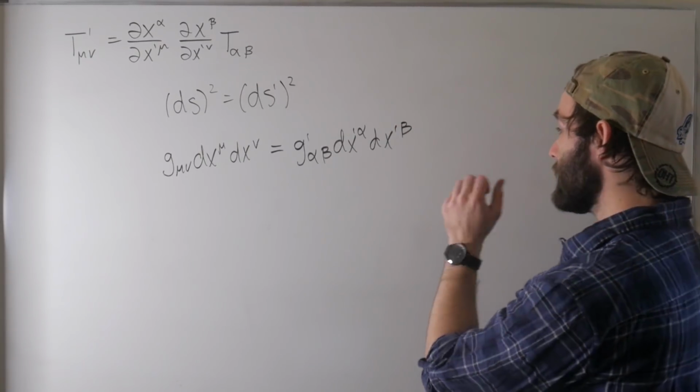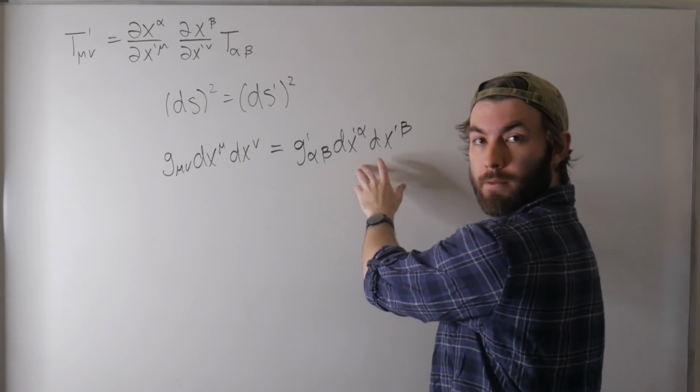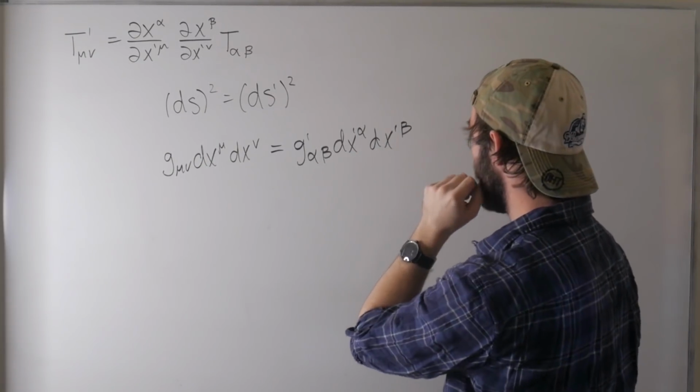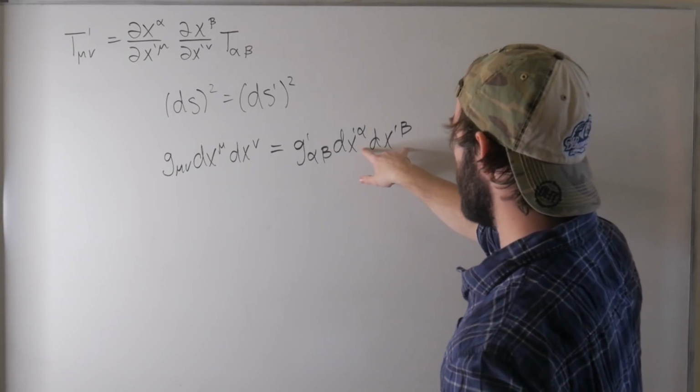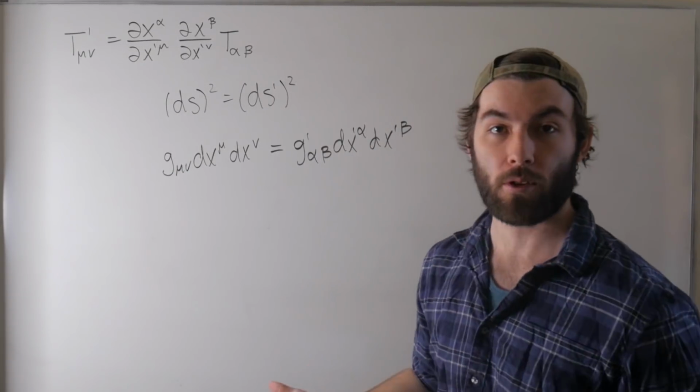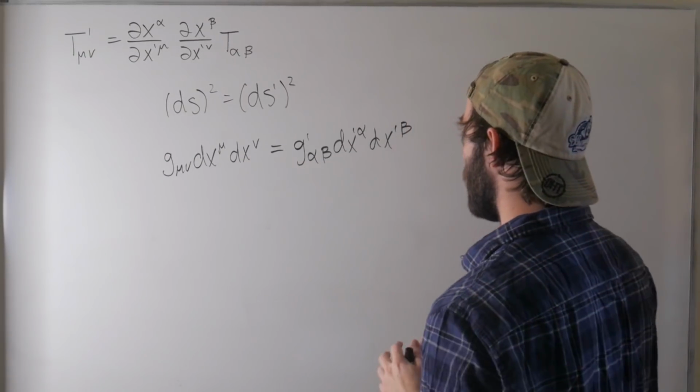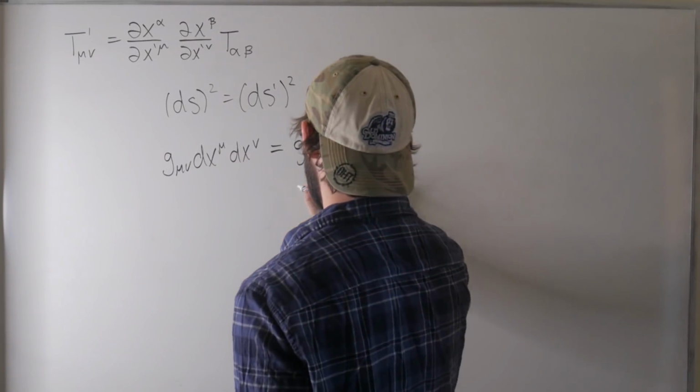Okay. The next thing that I want to do, I know how these should transform, these coordinate differentials. They should transform as vectors with upstairs indices. And I want to transform these in terms of the unprimed coordinates, which are going to be my mu and nu.